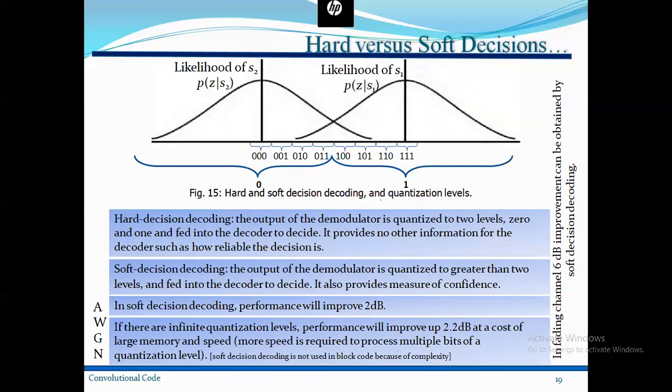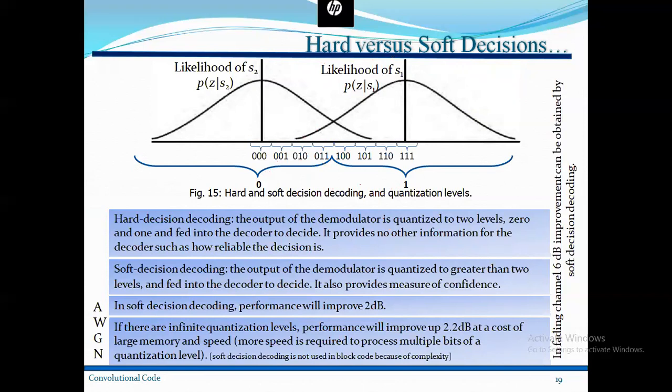So hard versus soft decisions is just like we have a binary channel, and we are using ML decoding, and in this we have 0 and 1.